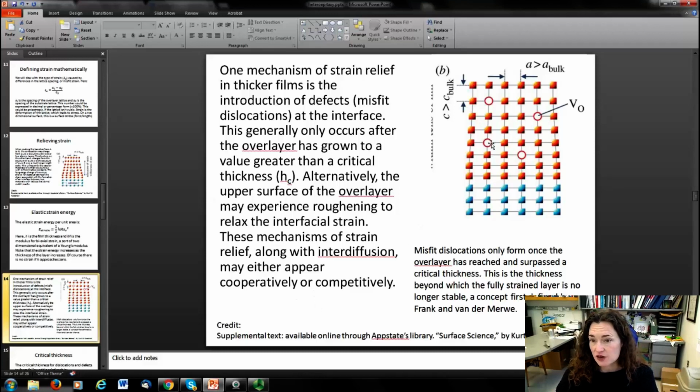Okay, so you can see here the misfit dislocations in this little cartoon are represented by the circles with white inside there. And they only form once that overlayer has reached its critical thickness. You can see these things coming in further up the film. And this is the thickness beyond which the fully strained layer is no longer stable. This was first defined by Frank and van der Merwe.